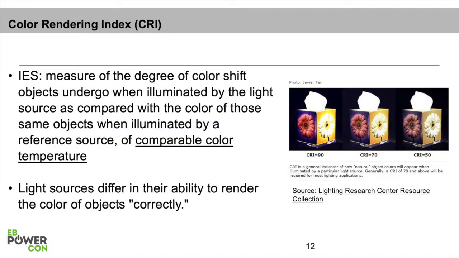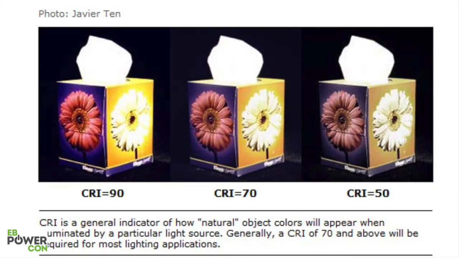The IESNA calls color rendering index the measure of the degree of color shift objects undergo when illuminated by the light source as compared with the color of those same objects when illuminated by a reference source of comparable color temperature. As you can see, these 3 tissue boxes have a flower on each side.